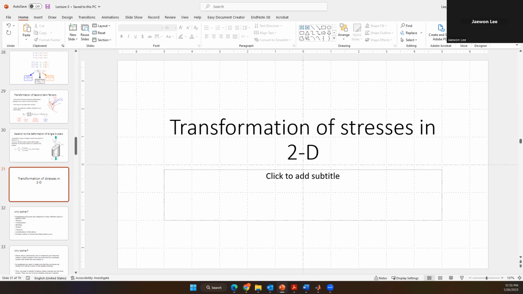But they recognized that the cross-sectional area could change, so they introduced true strain and true stress. True strain and true stress can explain the stress and force on very small areas.